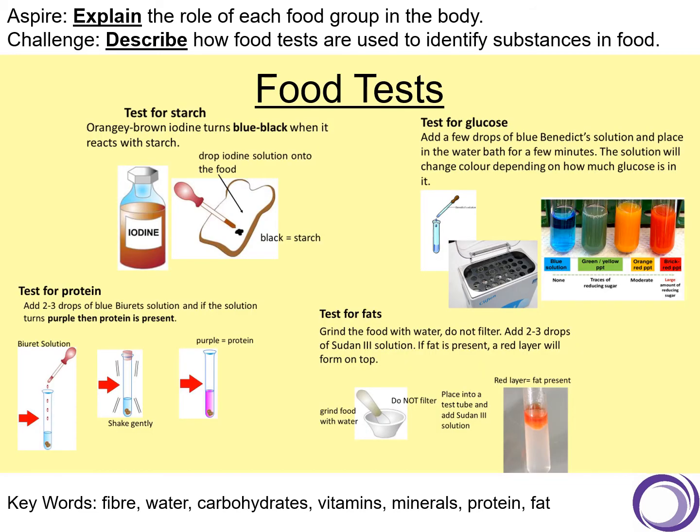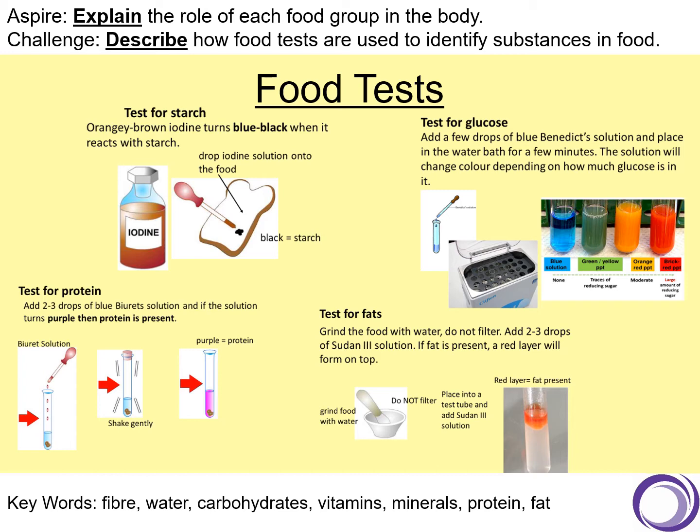So I'd like to now talk to you about how we test for different food groups. Now, usually what we do is we grind the food up and we mix it with water, and then we filter it to get a solution. And then we can test for all the different types of food groups.